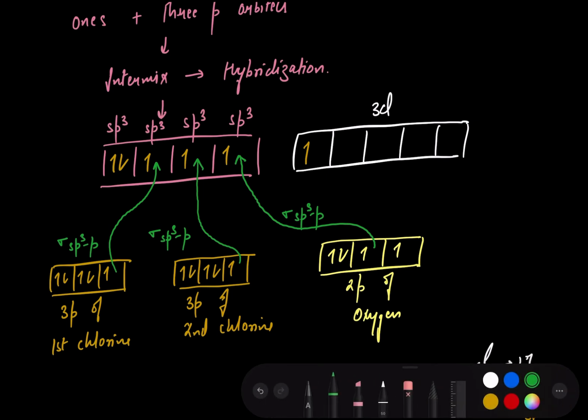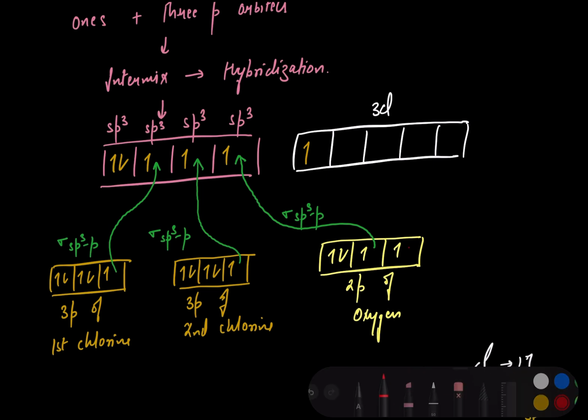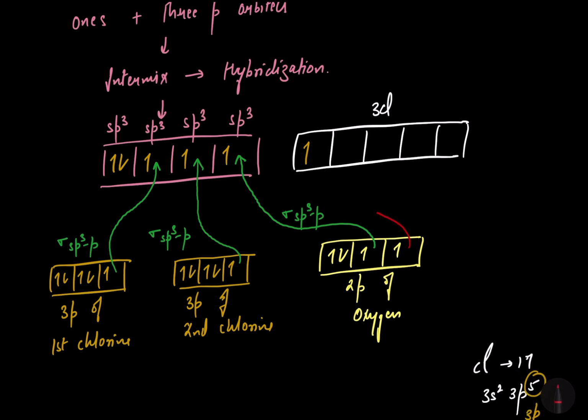Now on the other hand, the other orbital of 2p having 1 electron will have the side overlap or the lateral overlap with the 3d orbital of sulfur forming the pi bond.